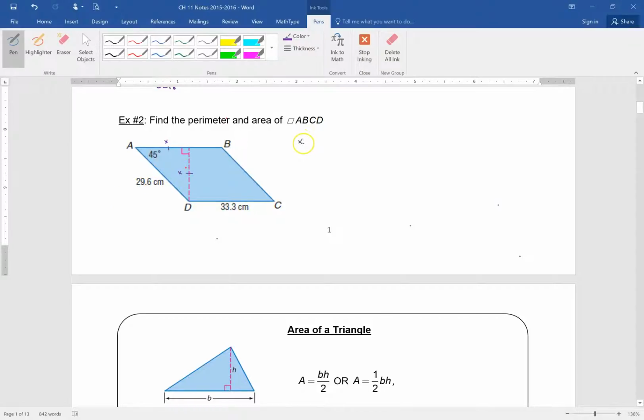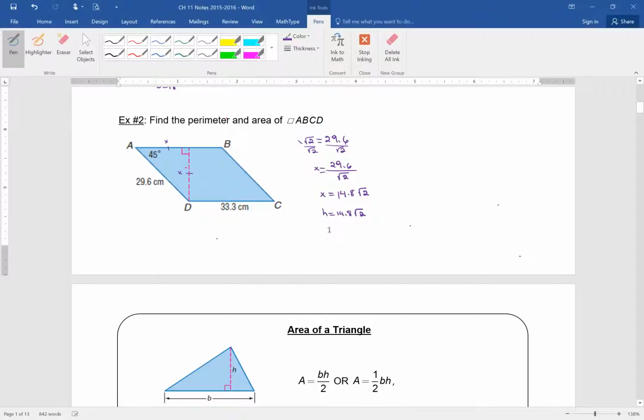So if x root 2 is equal to 29.6, then if you divide both sides by root 2, x is equal to 29.6 divided by root 2. So x is equal to 14.8 root 2. This is my height. H is equal to 14.8 root 2.